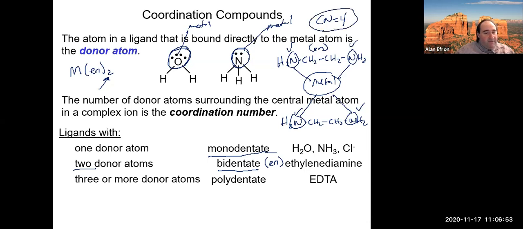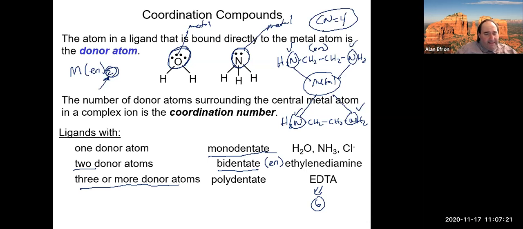So as I was mentioning earlier, it's not always going to be this number, especially if the ligand is bidentate, or if the ligand can attach 3 or more times, which are polydentate. That's EDTA. EDTA can attach 6 times per molecule. So one EDTA molecule can grab a metal in 6 different locations and bind to it very well.